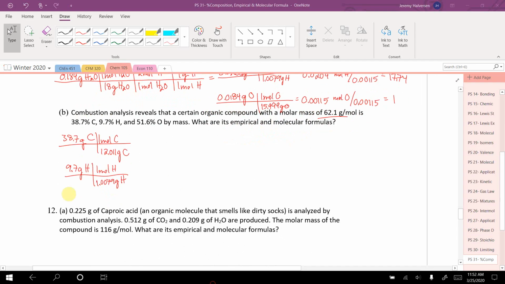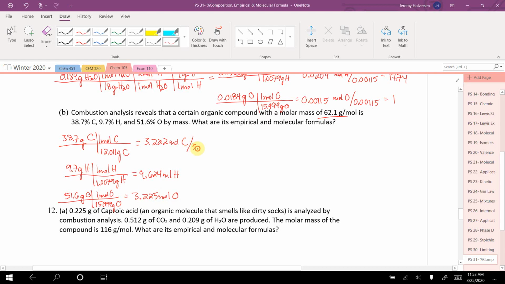Learned my lesson, I'm going to use long decimals now. Okay. I get 3.222 moles carbon, 9.624 moles hydrogen, 3.225 moles oxygen.